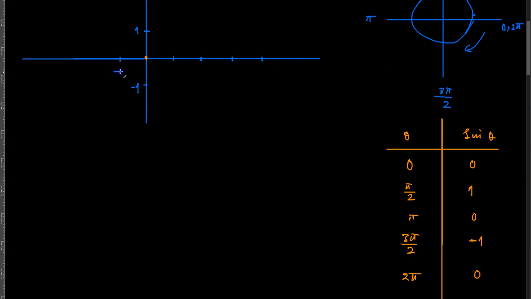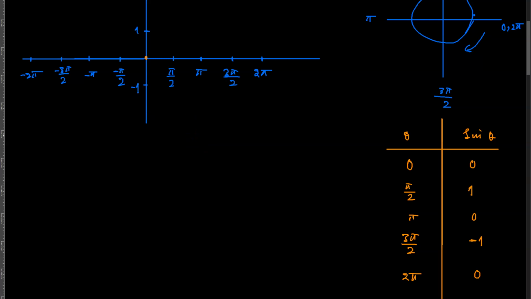This is negative pi by 2, this is negative pi, this is negative 3 pi by 2, and this is negative 2 pi. By the same logic, this is pi by 2, this is pi, this is 3 pi by 2, and this is 2 pi.